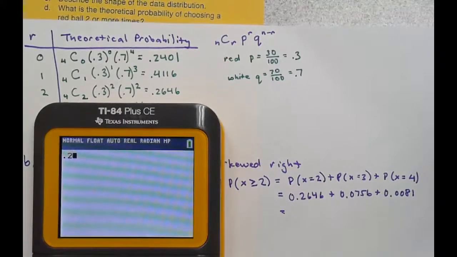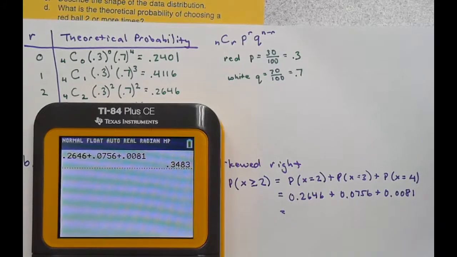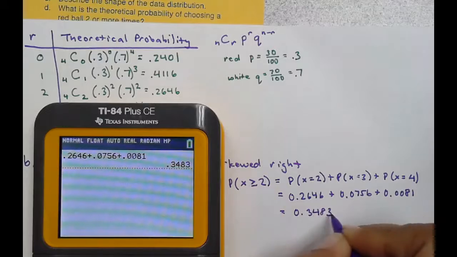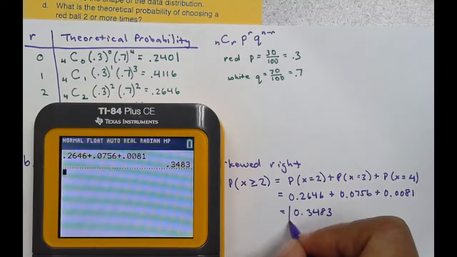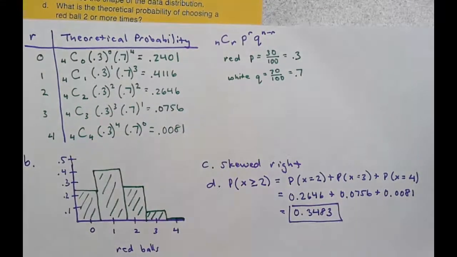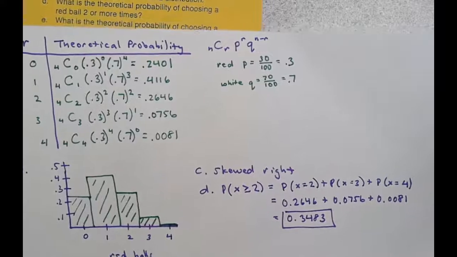So we have 0.2646, 0.0756, and 0.0081. And this is going to get us a total of 0.3483. And that's the theoretical probability of choosing 2 or more red balls at a time.